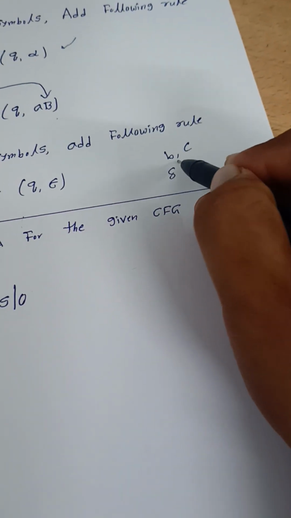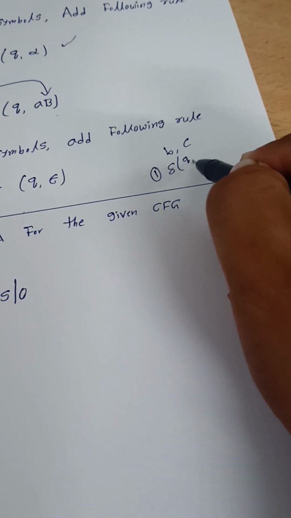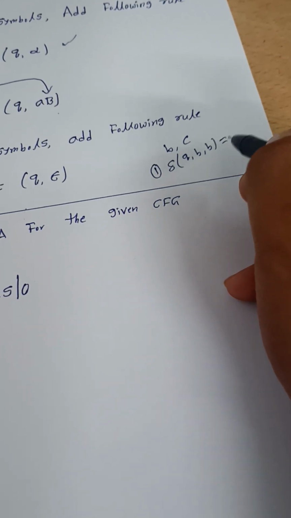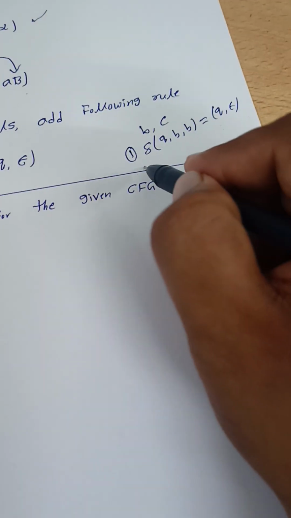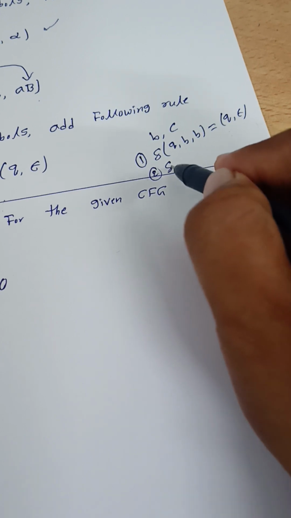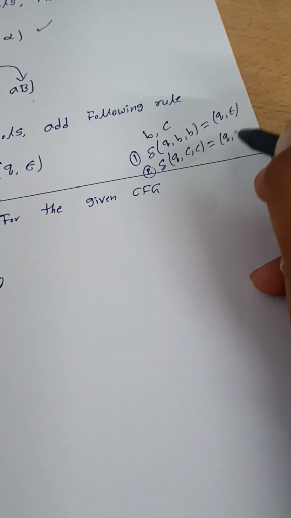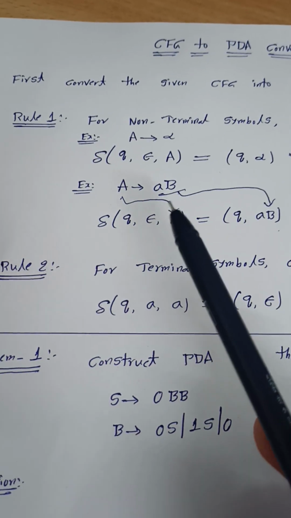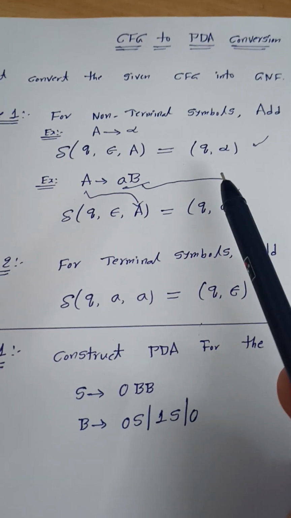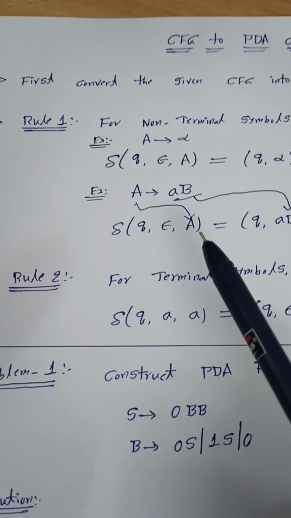Then we write the first transition function as delta of q comma b is equal to q comma epsilon, and similarly for c, since c is also a terminal symbol. With the help of these rules we can convert any grammar into PDA format. So just remember these two rules.